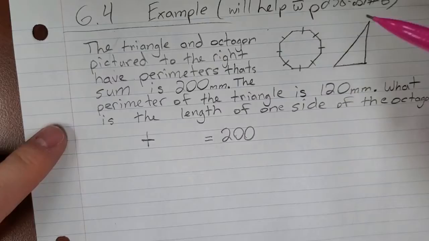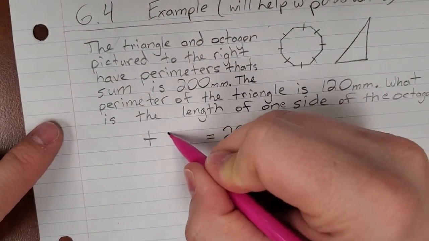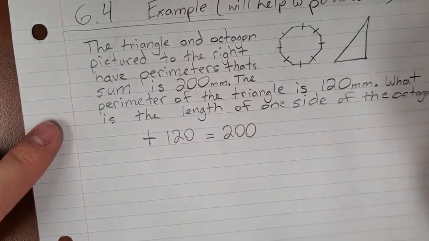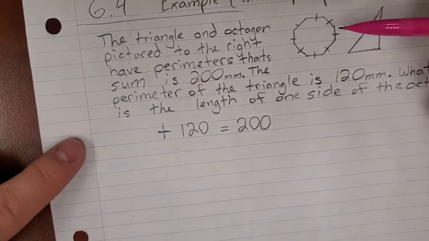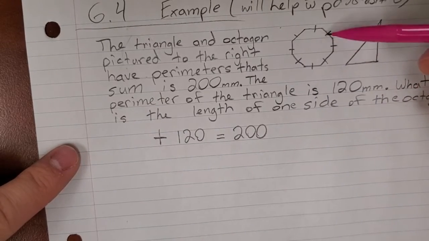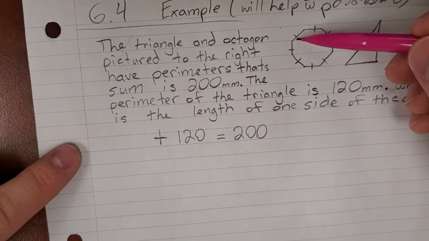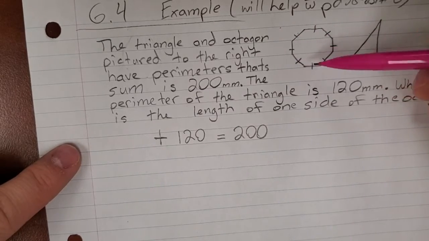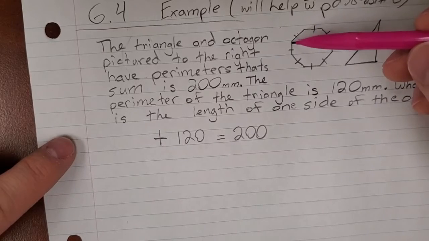And we know the sides of the triangle is 120 millimeters. And we know the perimeter of the octagon would be each of these sides all added up. Now looking at this, we've got these little lines on here, which means that this is an equilateral octagon. They have all the exact same sides.